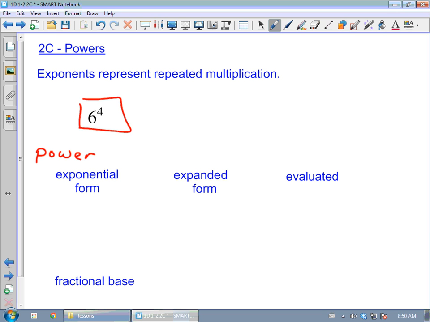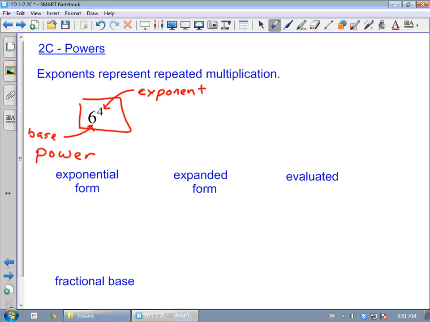A power consists of two things. It's got this large number here that we call the base. And it's got this small number up in the corner that we've talked about before called the exponent. So the exponent and the base together make up a power.